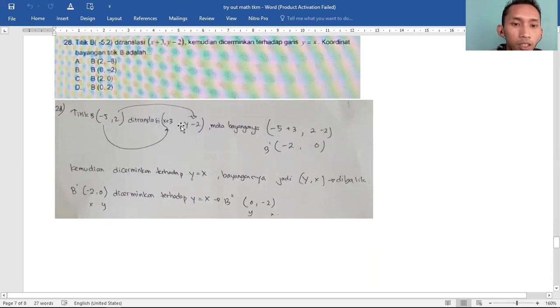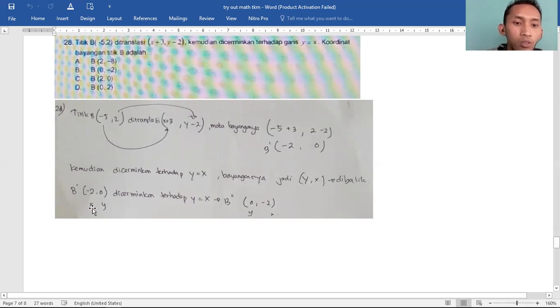After the translation, dicerminkan terhadap Y sama dengan X. Jika ada titik yang dicerminkan terhadap Y sama dengan X, maka bayangan hasil akhirnya akan menjadi Y, X. Jadi dari X, Y akan berubah jadi Y, X. We just need to turn it.